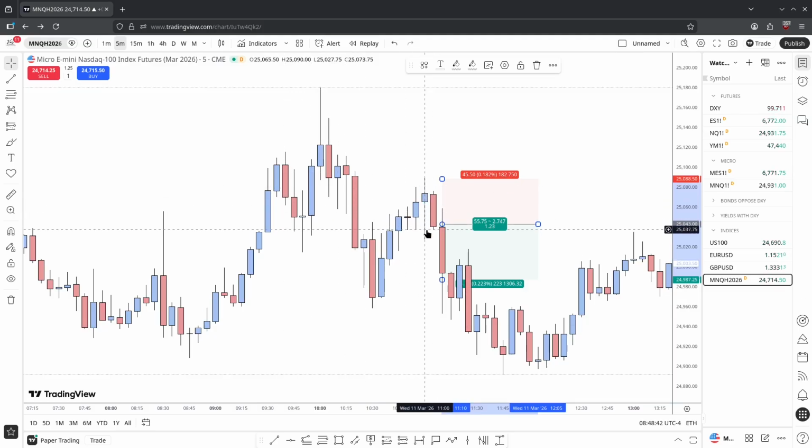We moved away from it. We then traded back up. And I executed a position, placed my stop, and it started rallying.